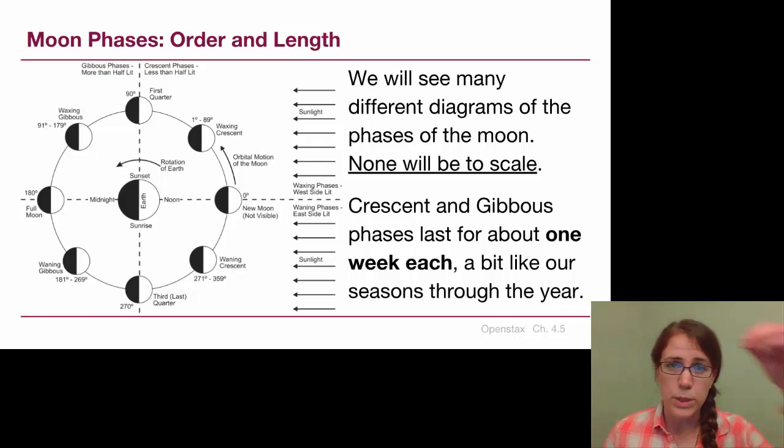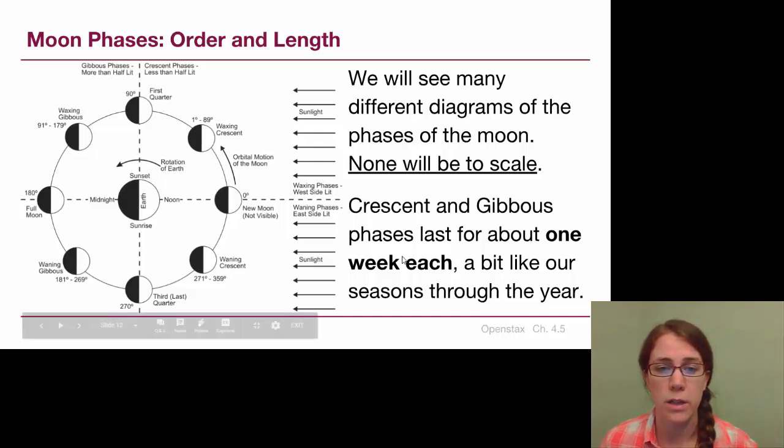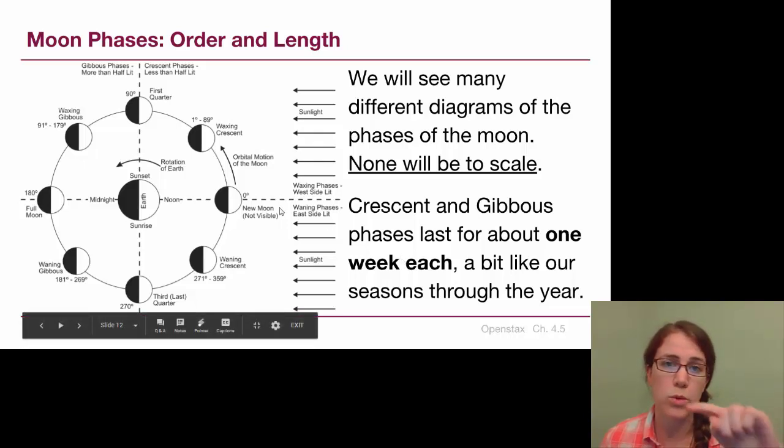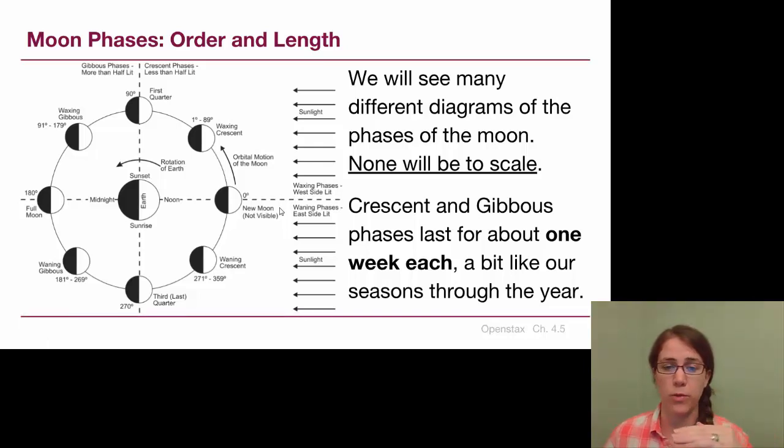So this particular diagram is showing the moon going around the Earth in terms of the angle that it makes from new moon. So new moon is 0 degrees away from new moon. And as we get up to 90 degrees, we get to first quarter, and so that's a phase angle of 90 degrees.